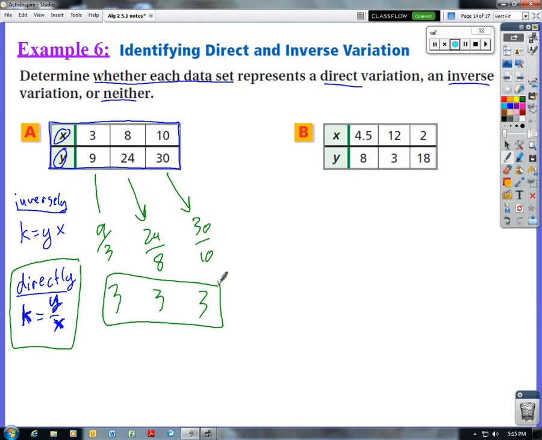So they all divide to 3. So that means we used the quotient, right? We divided them. So that means that they are related directly. It represents direct variation.